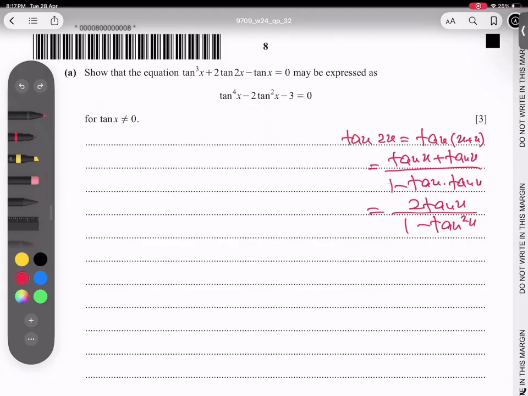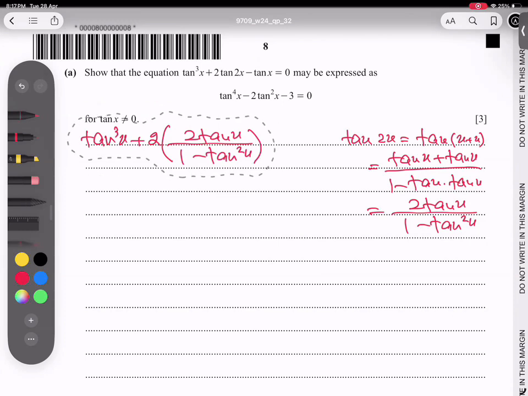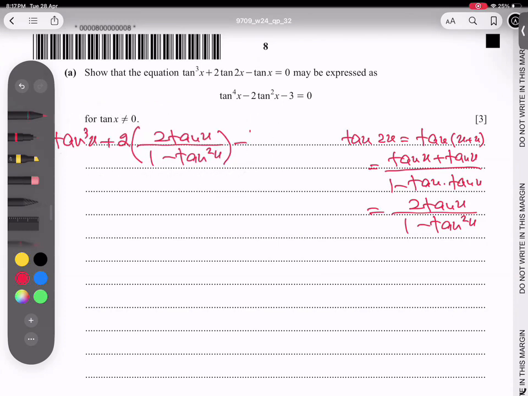So let's start. And tan cube x plus 2 times, this value I'm going to copy and paste here like this. Okay, is equal, and further we have negative tan x is equal to 0.